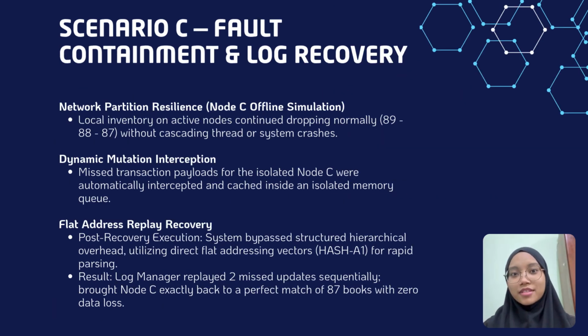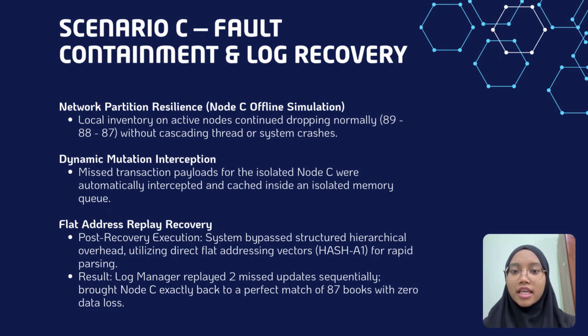Finally, this slide demonstrates my primary component focus. Scenario C, fork containment and log recovery. To test network partition risk, we forcefully isolate node C's network link during active write operations. Our fork containment layer successfully prevents cascading thread or system crashes.